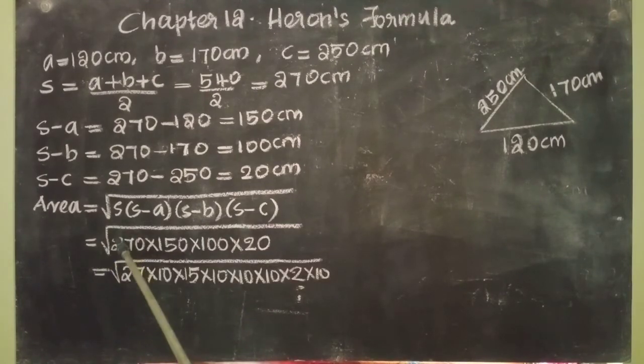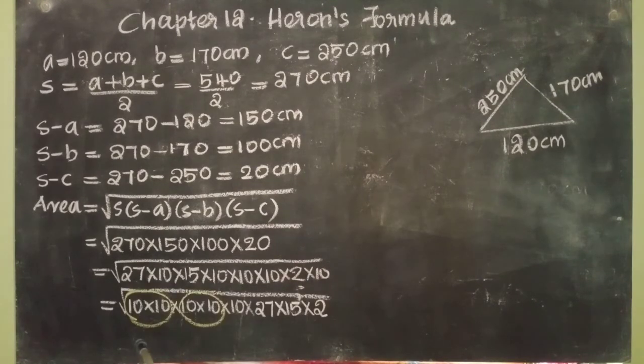So we can write 270 as 27 into 10, 150 as 15 into 10, 100 as 10 into 10, 20 as 2 into 10. Now let us write all the tens together. So we get root of 10 into 10 into 10 into 10 into 10 into 27 into 15 into 2.